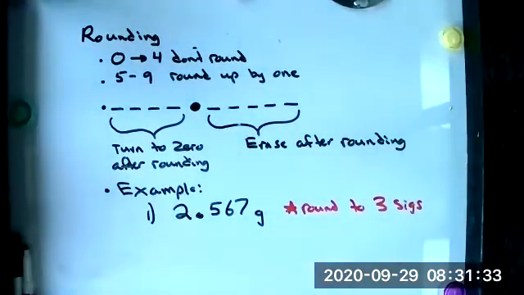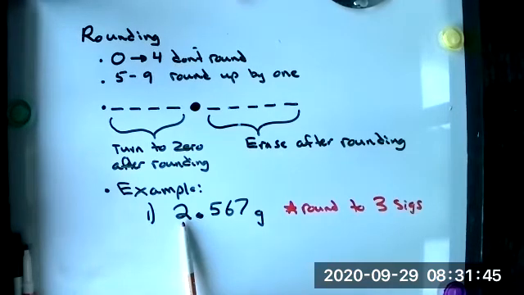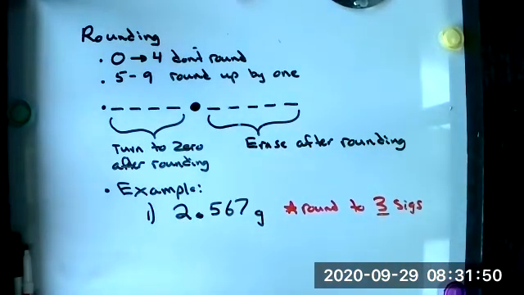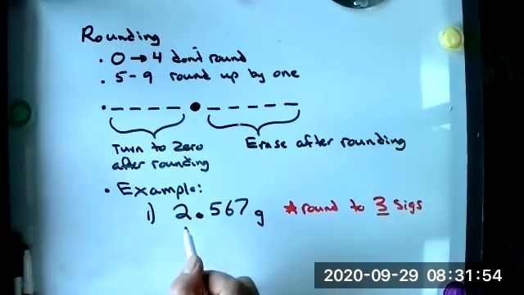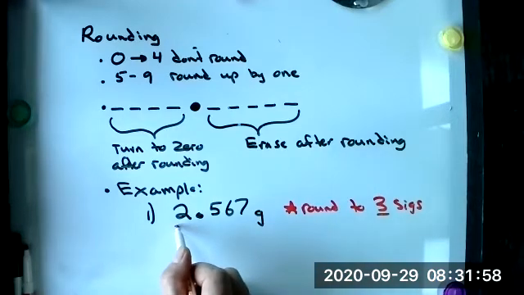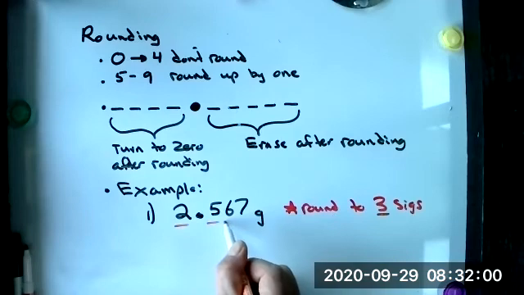When you do that, you have to start with significant digits, and you always look to the left. So here is the first significant digit that you will need for your final answer, because our goal is to get 3. And once I see how many I need, I go back to the answer that's in the calculator and identify the 3 sigs I need to keep. 1, 2, 3.